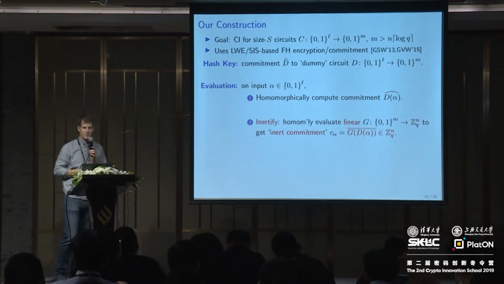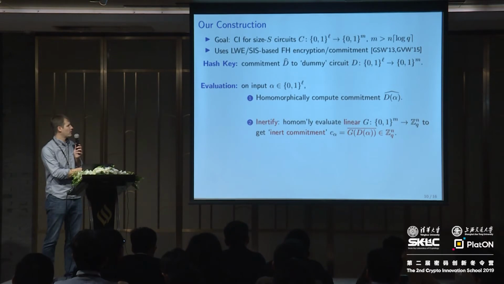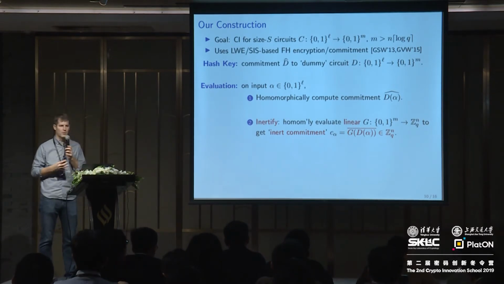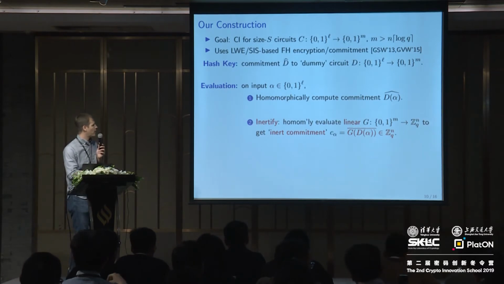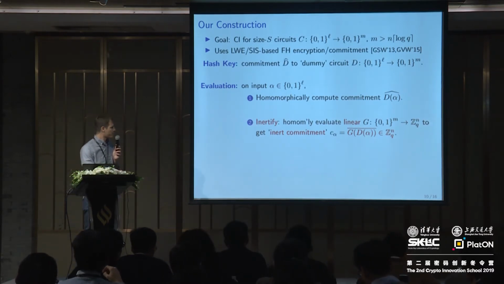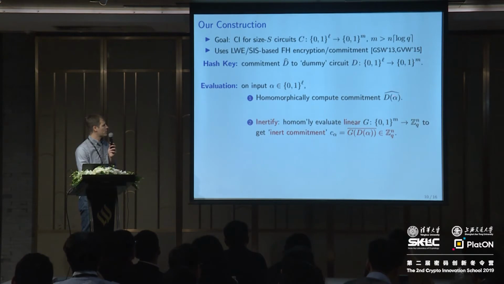The second step is something we call inertify. We're going to make this commitment here inert. I'll explain what that means. What we're going to do is apply a special procedure which will homomorphically evaluate our special linear function G, our gadget function, on this commitment here. So what we will end up with is a commitment to G of D of alpha. However, it's a different kind of commitment.